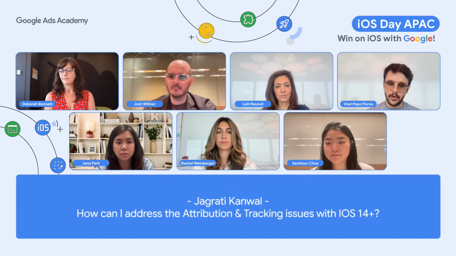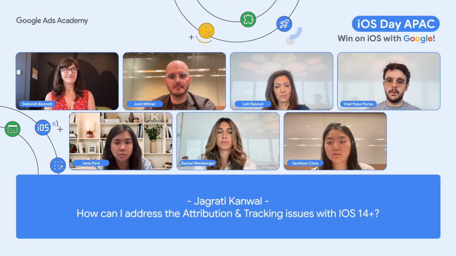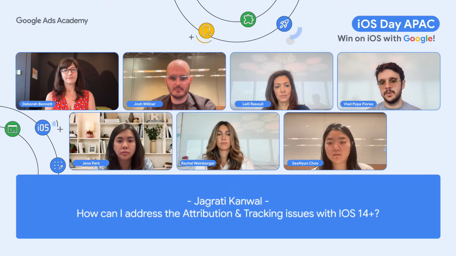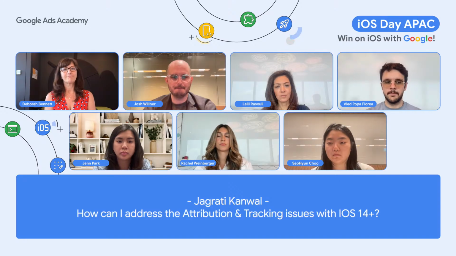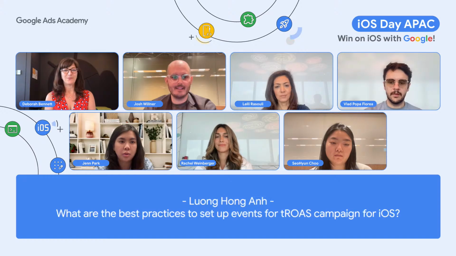And again, I do encourage you that we're rolling out right now, so it's not available at scale for everybody, but we're in beta. If you want to learn more about the solution, reach out to your specific MMP for more information. Great. Thank you so much, Vlad. Let's move to the next question.